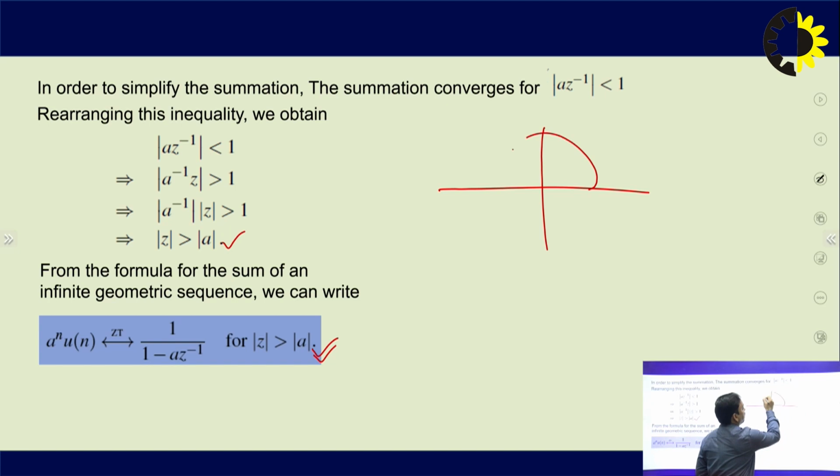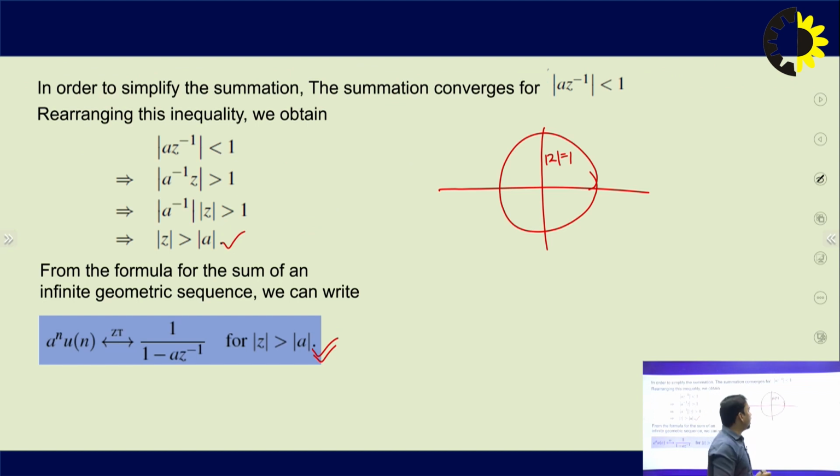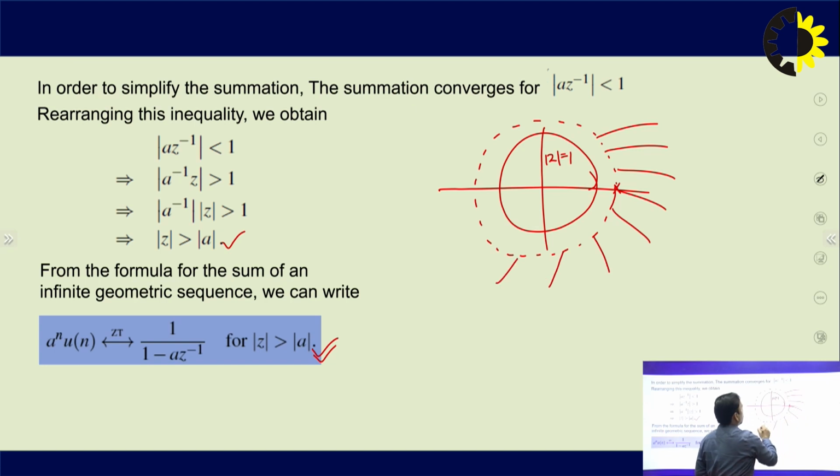So if this is a circle which is mod z equal to 1, and it is given that a is a real constant, and let's assume that a is greater than 1, so definitely a will be lying somewhere outside this unit circle, and the region, which is also known as ROC, is outside the outermost pole. We'll see what the properties of ROC are.